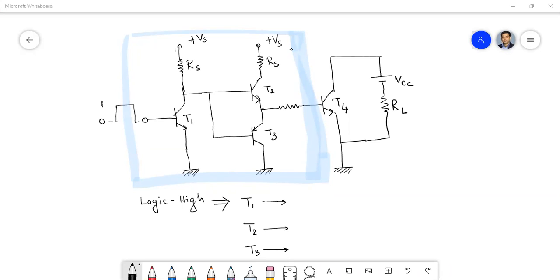So if we are at the logic high level at the base of transistor 1, what about the states of transistor 1 and transistor 2?